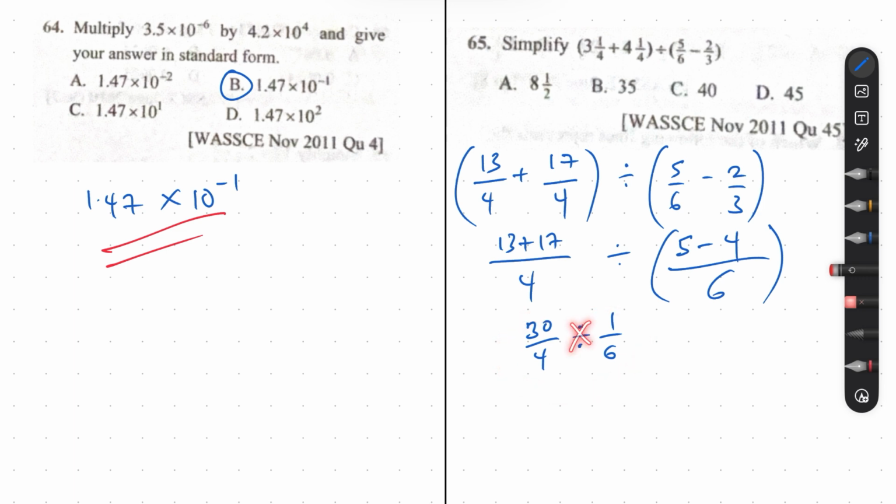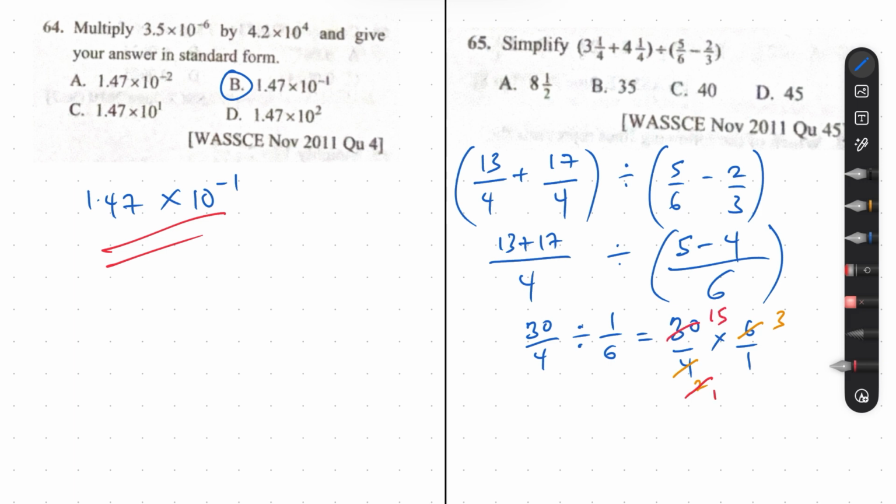Flip this and change to what? Multiplication. So we have our answer to be 30 over 4 times 6 over 1. Okay, so if we cancel out with 2 go here twice and go here 3 times, and then if we cancel one more time, 2 go here once and go here 15, right?